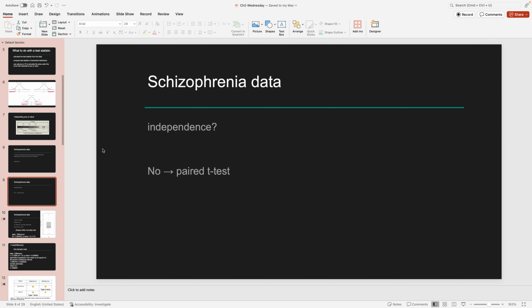So the schizophrenia data, one important thing to think about that was very subtle was the independence of the data set. So for example, does the unaffected group's hippocampus volume affect the non-schizophrenic individuals? Well, the answer is yes, because they're identical twins.